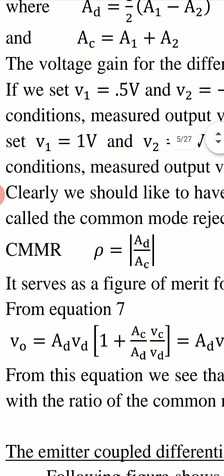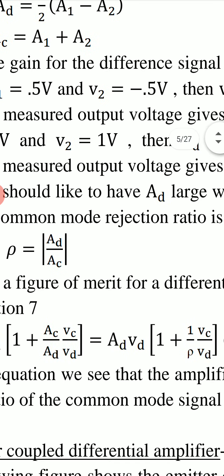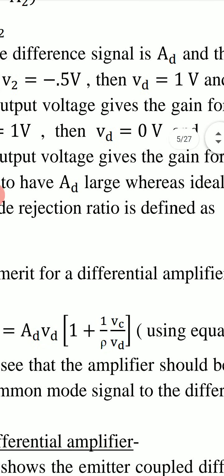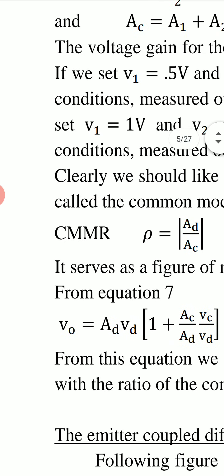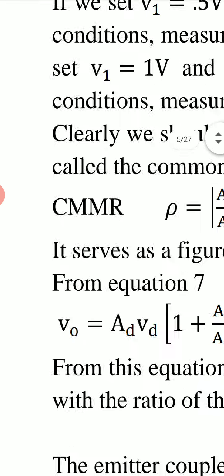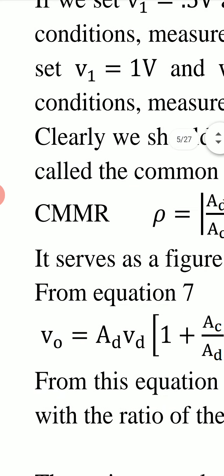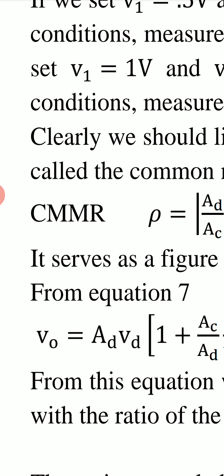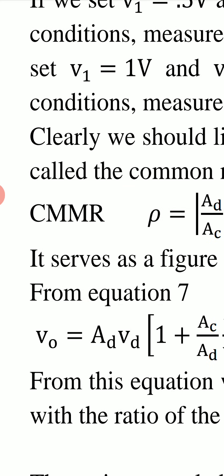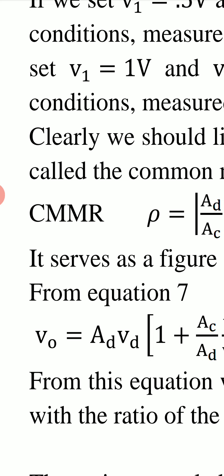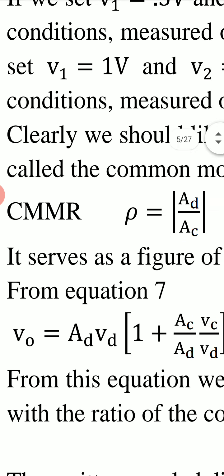A quantity called the common mode rejection ratio is defined as CMRR, common mode rejection ratio. Correct it, CMMR is wrong. We write it CMRR, common mode rejection ratio.